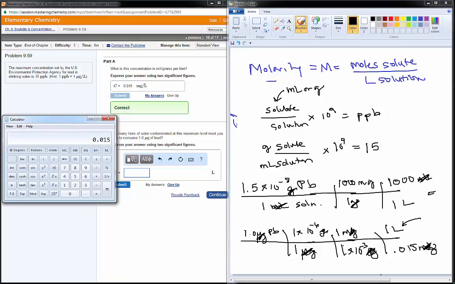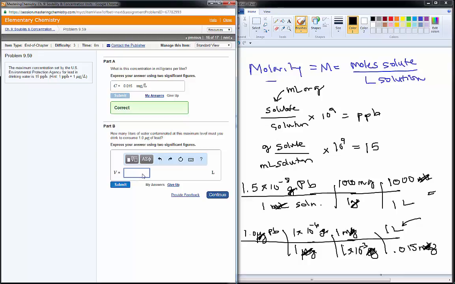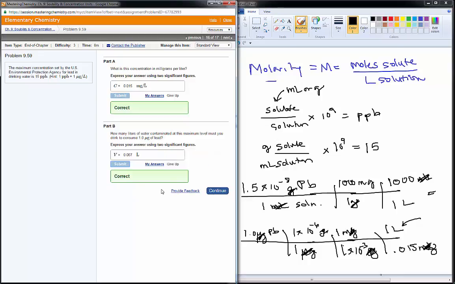So we have 1 microgram multiplied by 1 times 10 to the negative 6th divided by 1 times 10 to the negative 3 divided by 0.015. And I would have to drink 0.067 liters in order to ingest 1 microgram of lead.